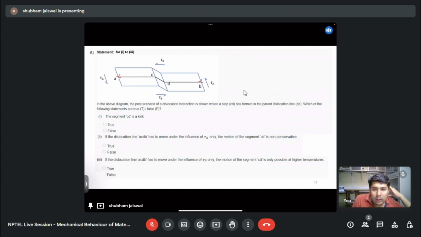Here you can see the given dislocation is of an edge nature. So now apply the concept of kinks. Do you know the definition of kinks? If you know, then easily you can answer.